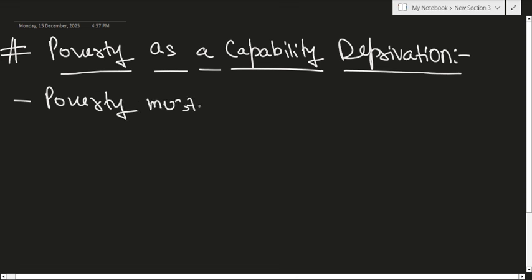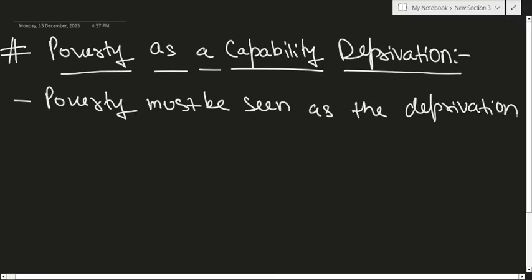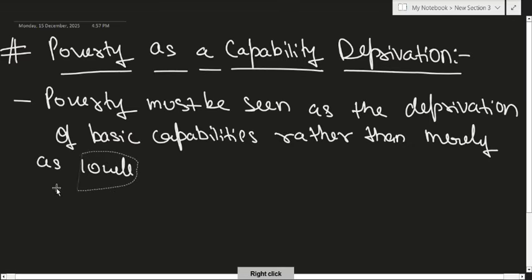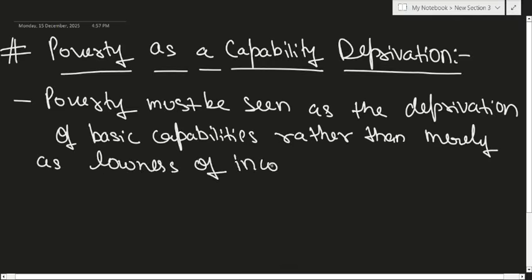Poverty must be seen as the deprivation of basic capabilities rather than merely as the lowness of incomes, which is the standard criteria of identification of poverty.